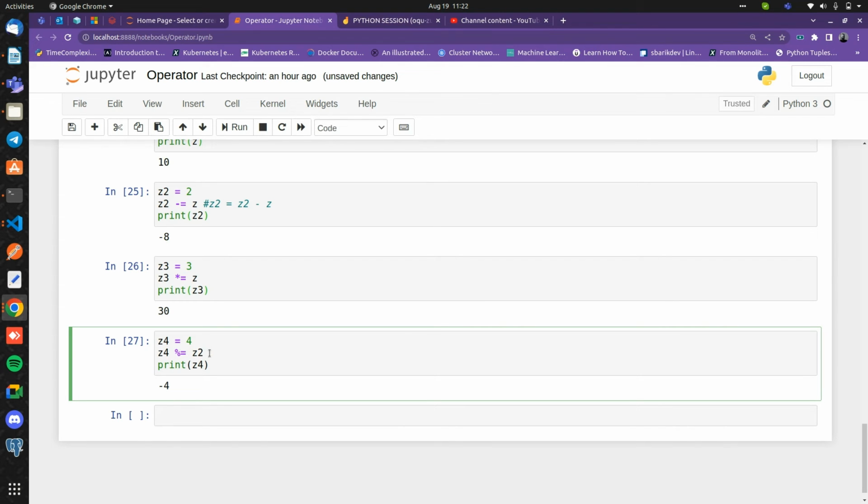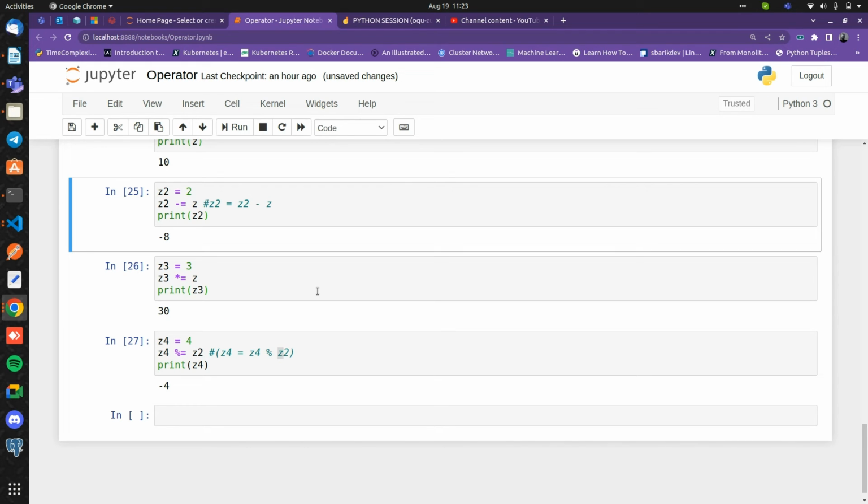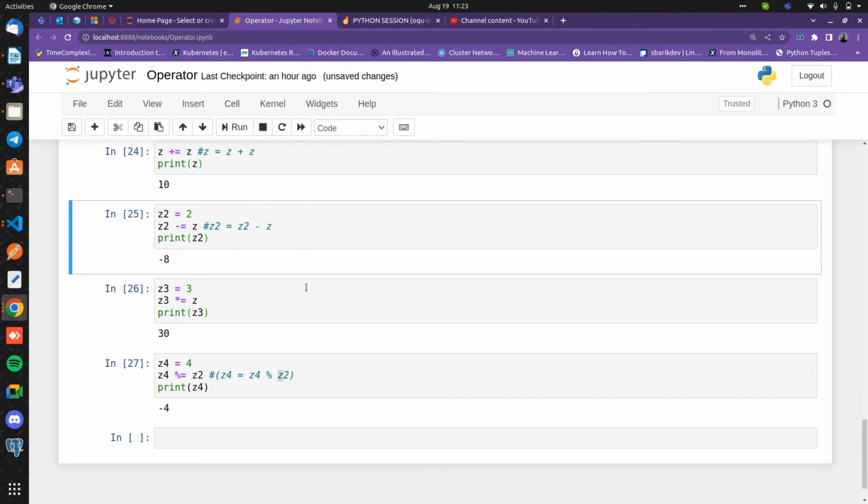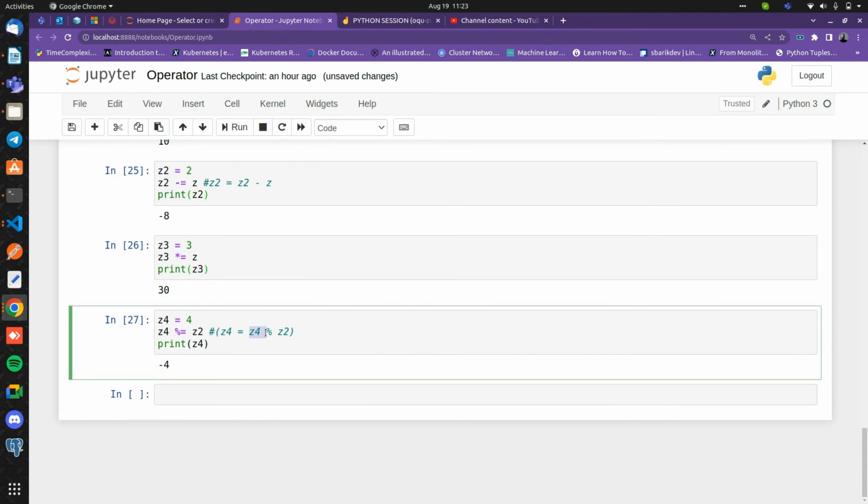Just like that, Z4 modulus equal to Z4 modulus Z2. The Z4 value is here, that is 4, modulus Z2 is here minus 8. 4 modulus minus 8, that is 4, the remainder of minus 8.